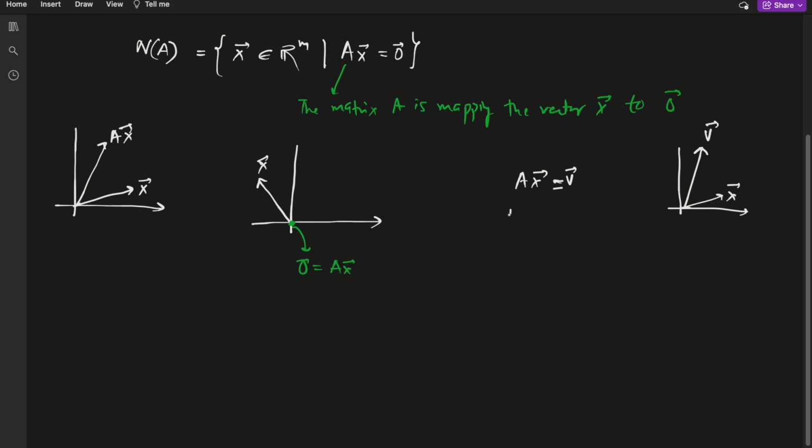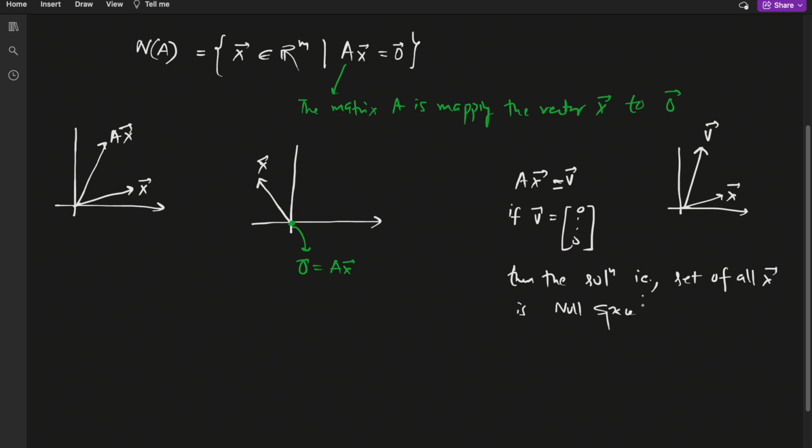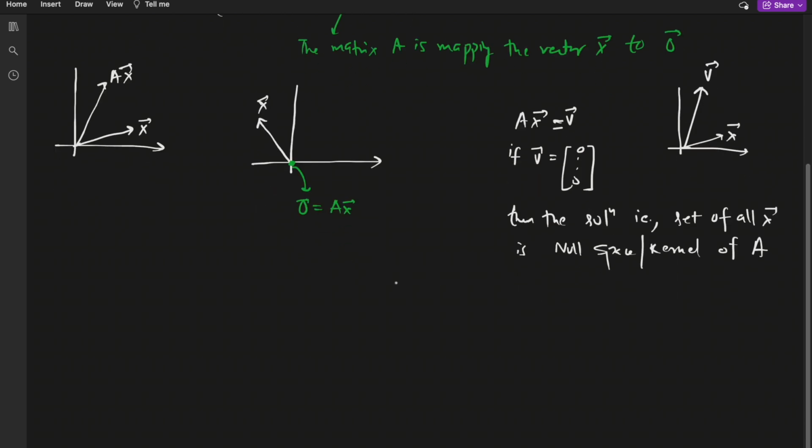So if this vector v is nothing but the zero vector, that is a null vector, then the solution, that is the set of all x vectors, is the null space or kernel of matrix A. So we can simply write this as Ax equals all zeros.